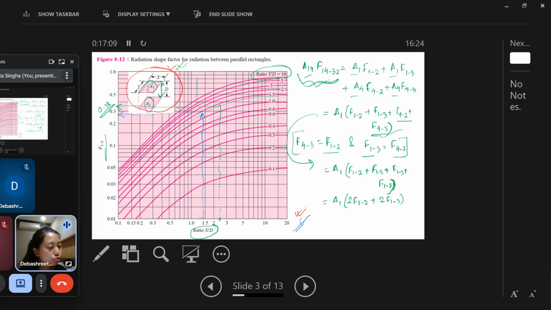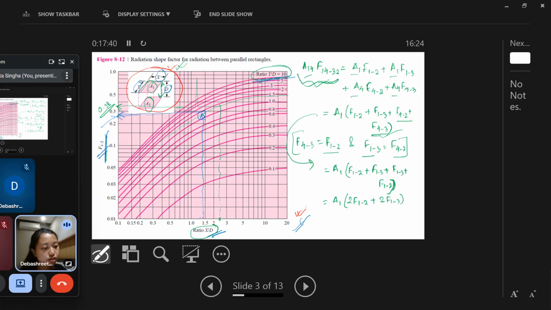You just have to know what you're exactly considering as x and what you're considering as y and d. According to that, you fit in the y by d ratio and x by d ratio here. Then at the point where y by d and x by d join, from that point you draw a perpendicular to the y-axis. Whatever you get there is the view factor F12.